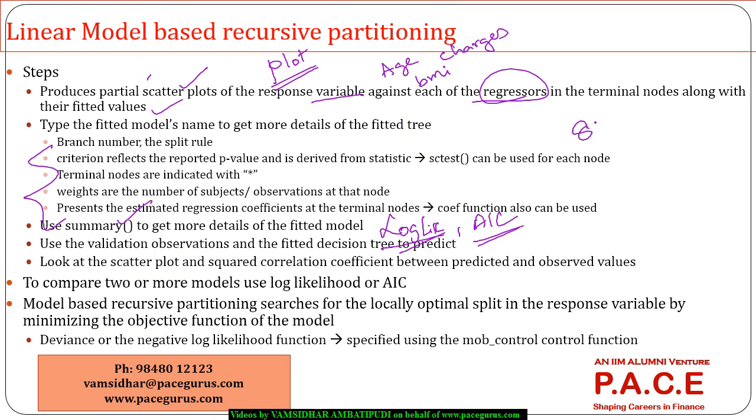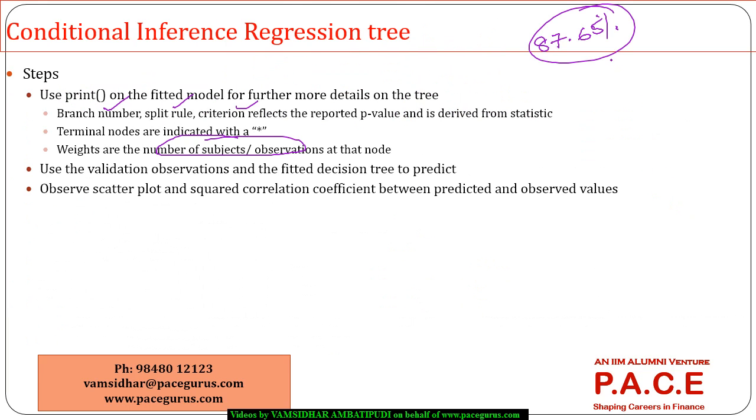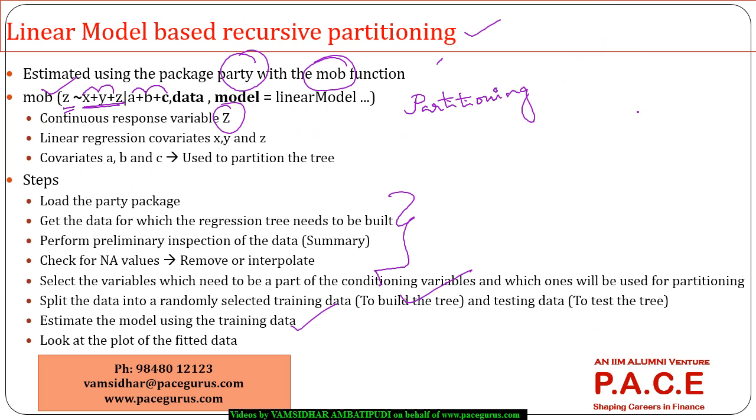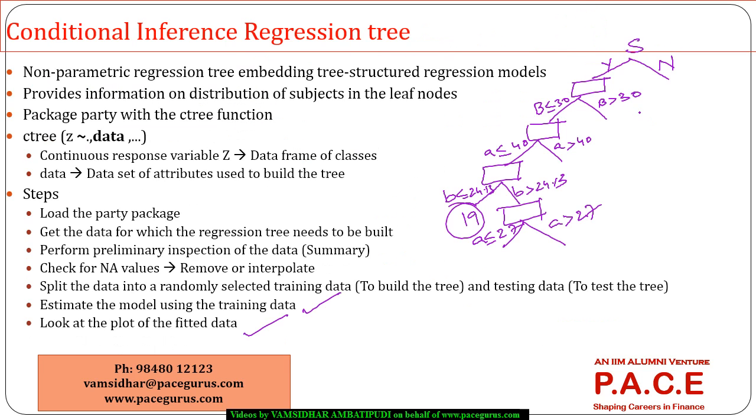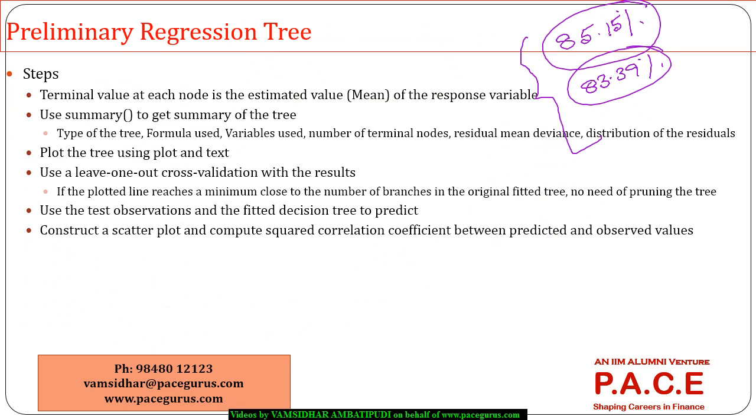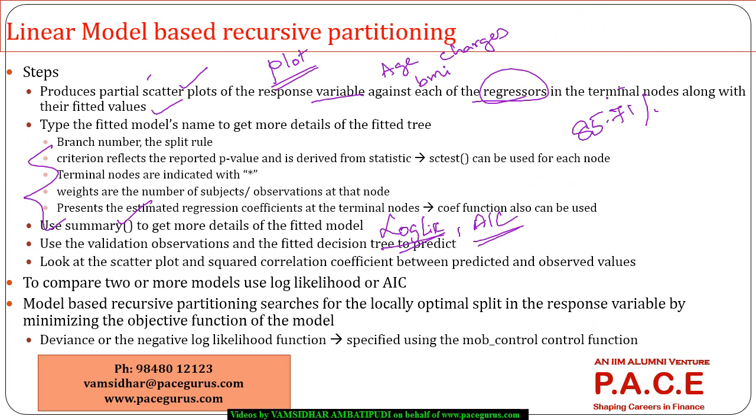85.71% only. So compared to the earlier model, again this R squared is lesser, because in the conditional inference regression tree model we got an R squared of 87.65%, whereas in this case it has come down to 85.71%, but slightly better than the preliminary regression tree model where it was 85.15%.